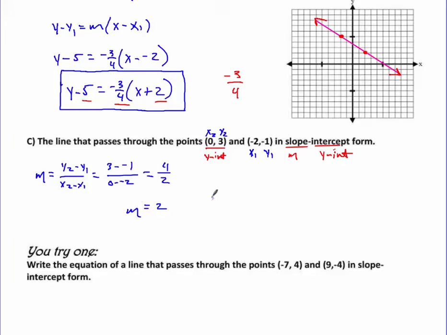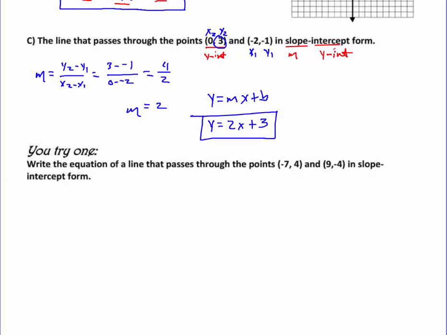So we write our equation now. Remember, we're going to do y equals mx plus b. Well, b is this 3. So y equals 2x plus 3. All done.